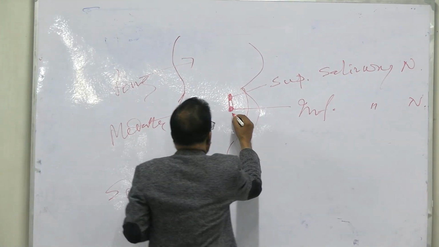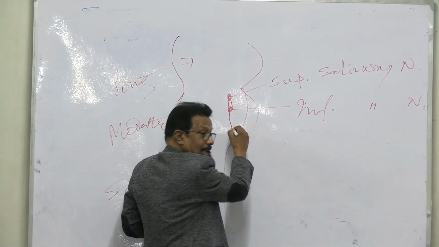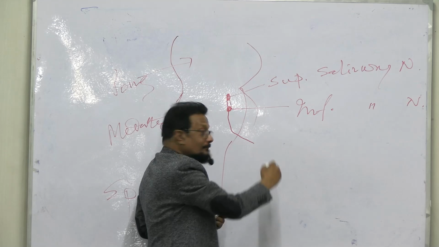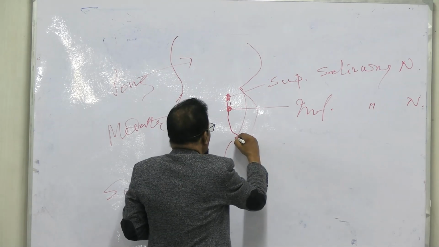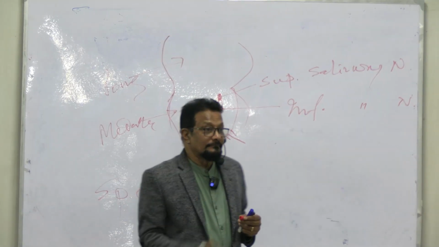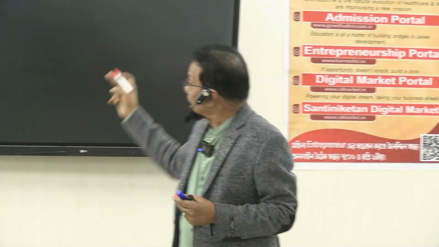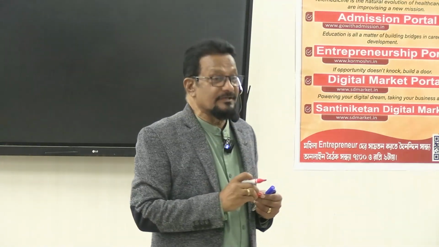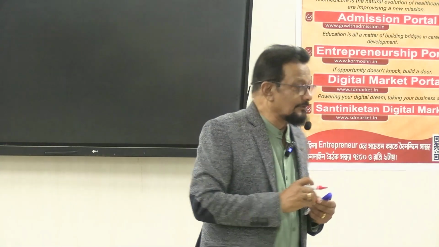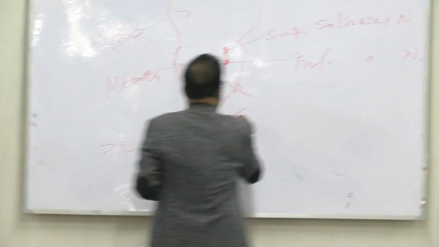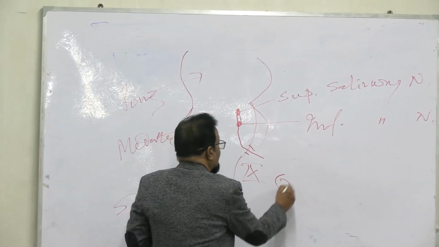From these cell bodies, axons will come and leave the medulla through cranial nerves. This is for the inferior one, this is the glossopharyngeal nerve, the 9th cranial nerve.